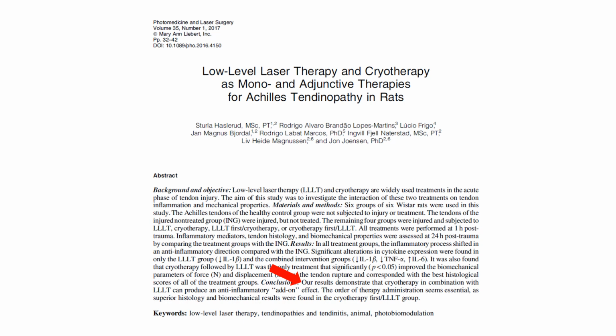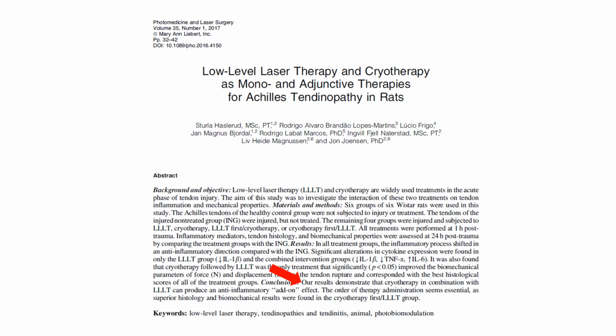So a few more scientific papers looking at the use of laser therapy in animal studies. Here we're looking at the use of laser and cryotherapy for Achilles tendinopathy in rats. Our results demonstrate that cryotherapy in combination with laser can produce an anti-inflammatory add-on effect.